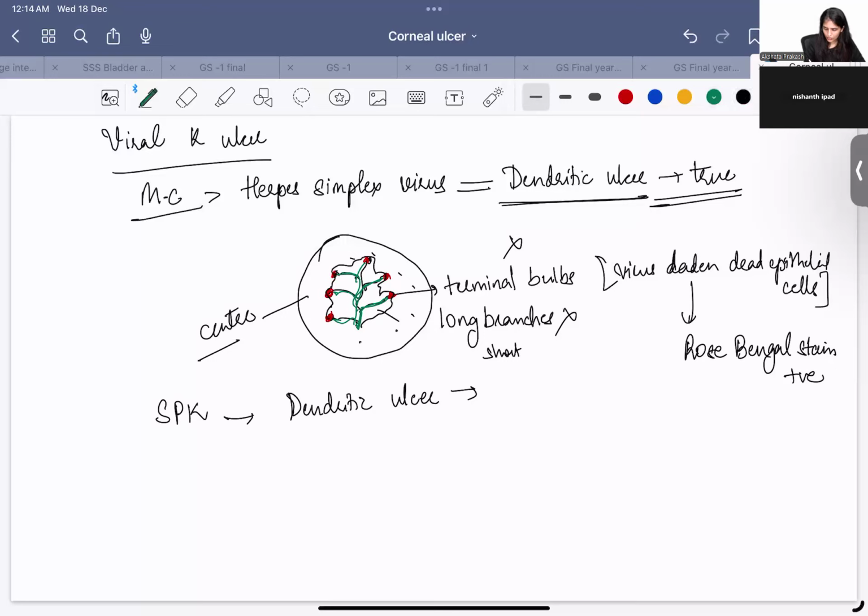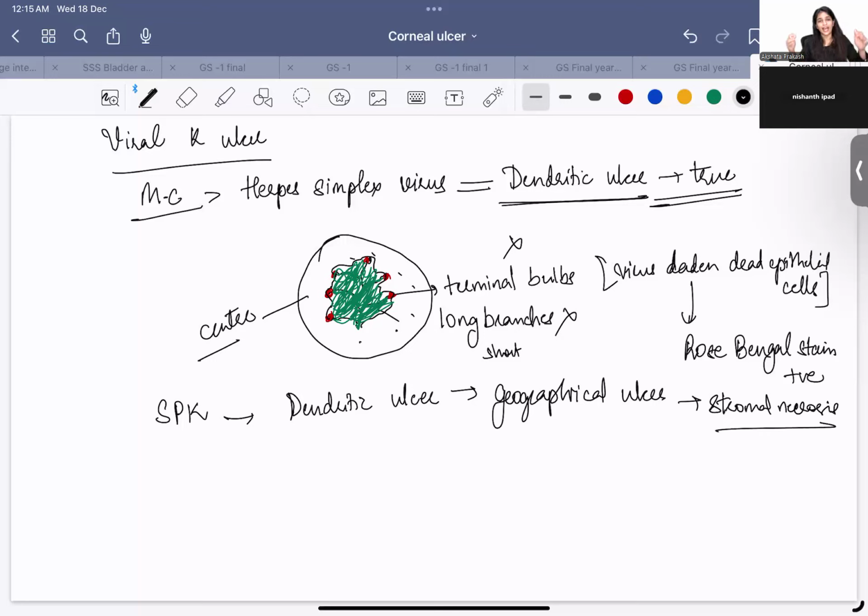Then this whole of it can form geographical ulcer. So this whole thing will coalesce. The branching and all will coalesce and they can form geographical ulcer.